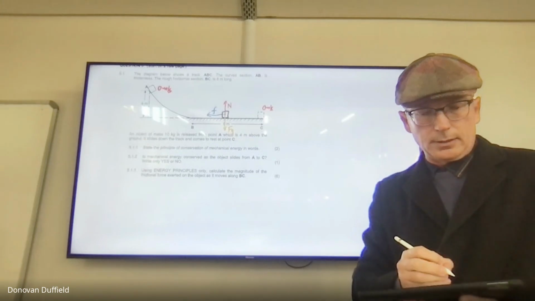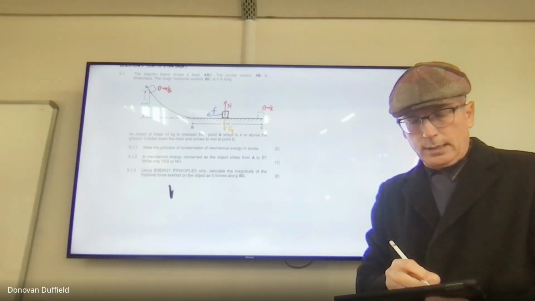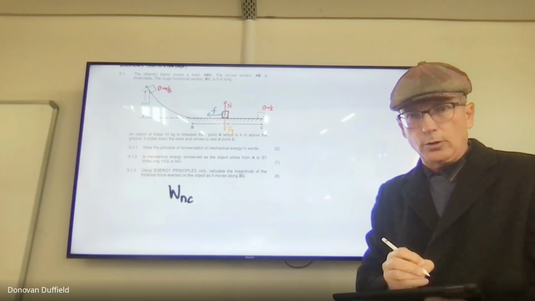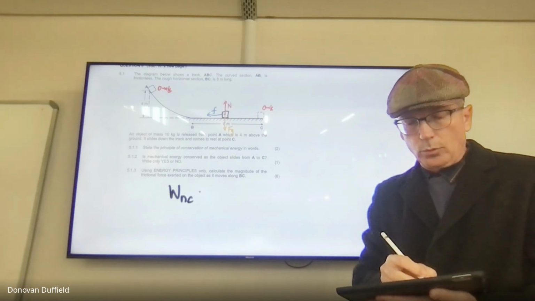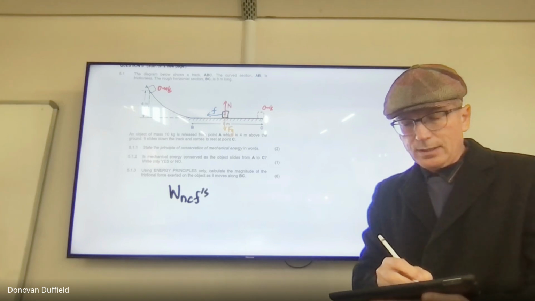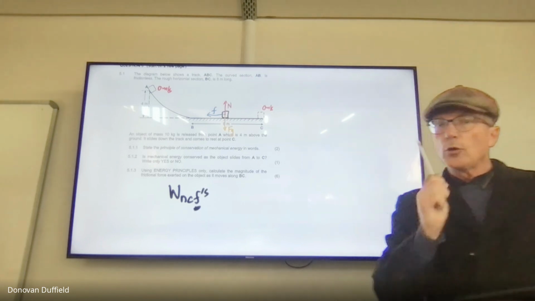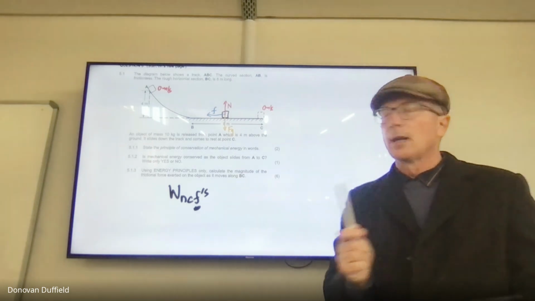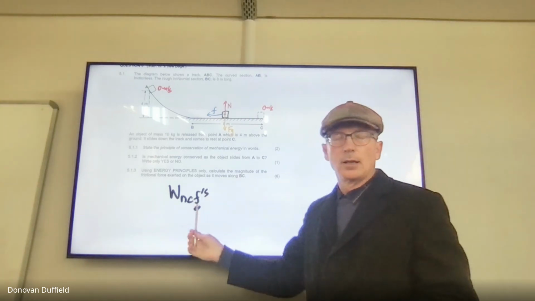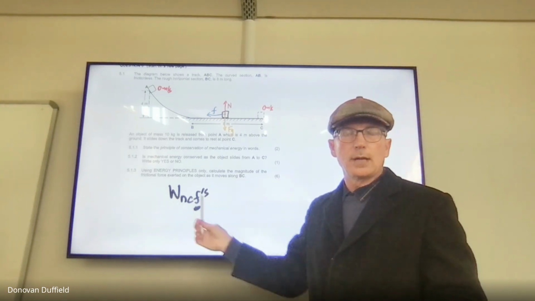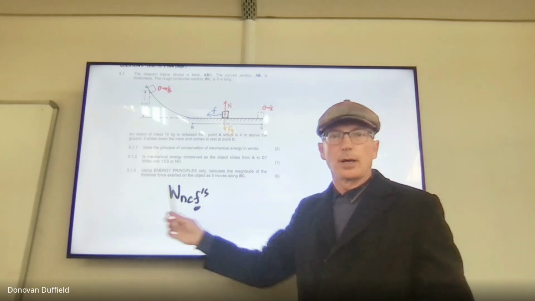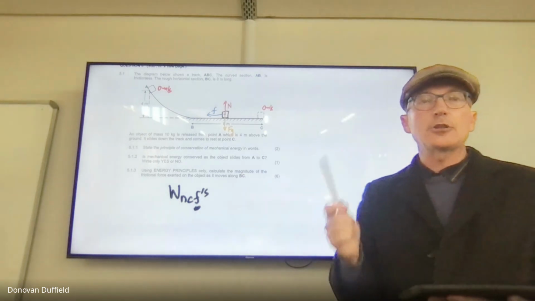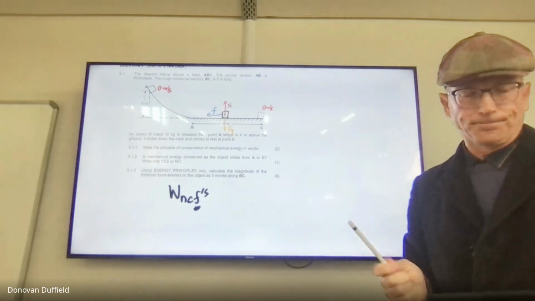So here goes. I say, all right, the work done by the non-conservative, and this is really important, forces. If you have more than one non-conservative force in the system, then the sum of the works done by the non-conservative forces needs to be on the left-hand side.